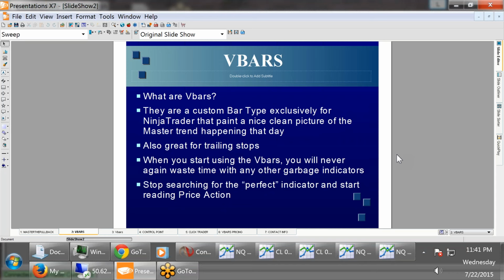What you're going to see in these V-bars is that there's really no subjective way to place your stop. It's a clear and concise way to place your stop. It shows you where to place it, and if you want to trail your stop, how to do so properly. So it's one of the bigger advantages, I would say, of using these V-bars.